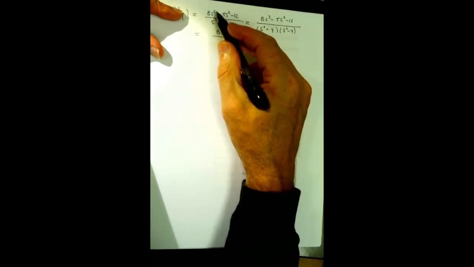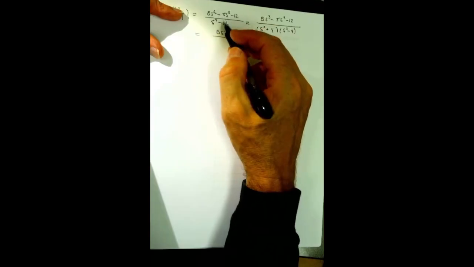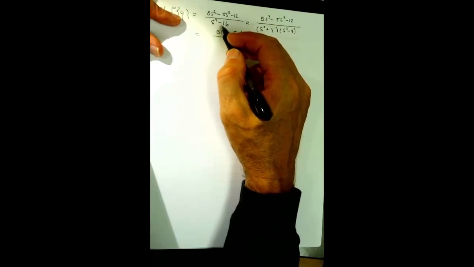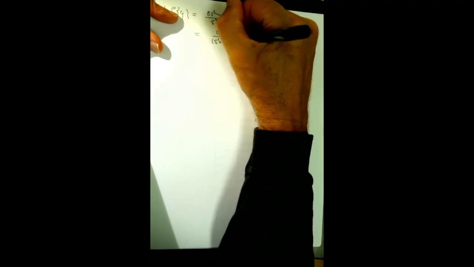And notice the numerator degree is 3, the denominator degree is 4, so I don't have to worry about any kind of weird division. S squared minus 4, I can write as s minus 2 times s plus 2. Okay, and I'm not going to be able to deal with s squared plus 4 because I can't factor that.